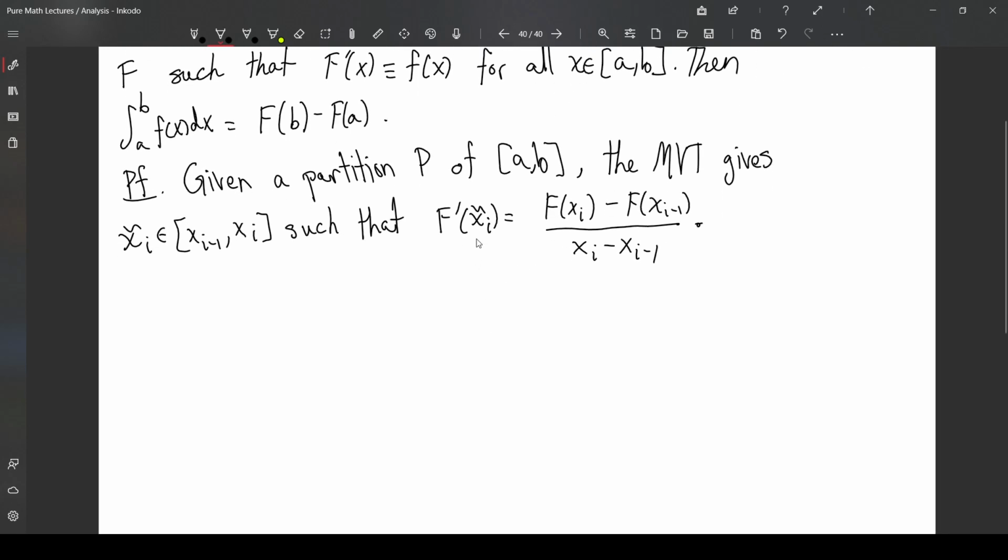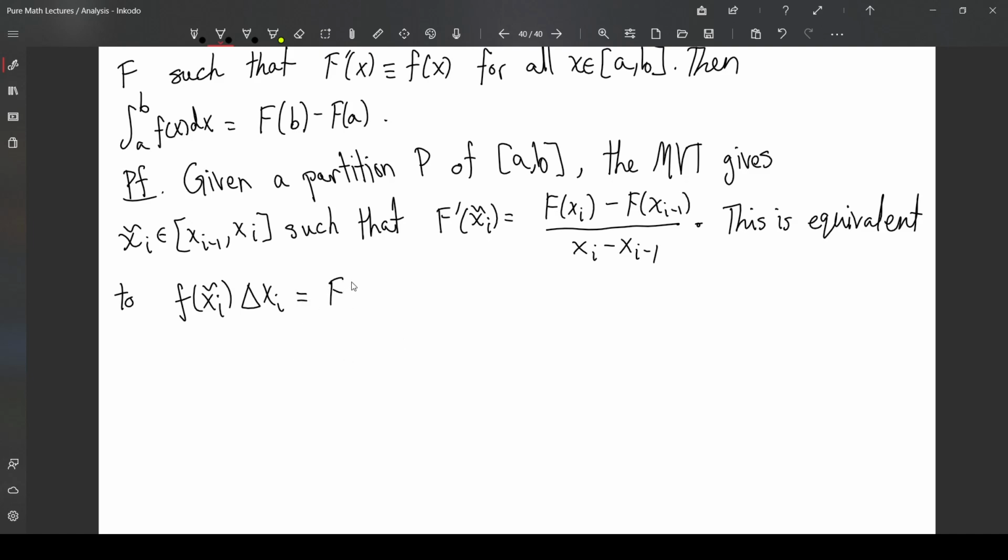This is straight from the mean value theorem on capital F of x, and this is equivalent to, since capital F prime is the same thing as little f of x by our hypothesis, f at the evaluation point, and then x_i minus x_{i-1} is the same thing as delta x_i.